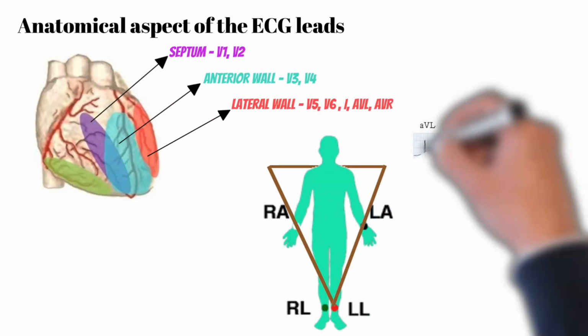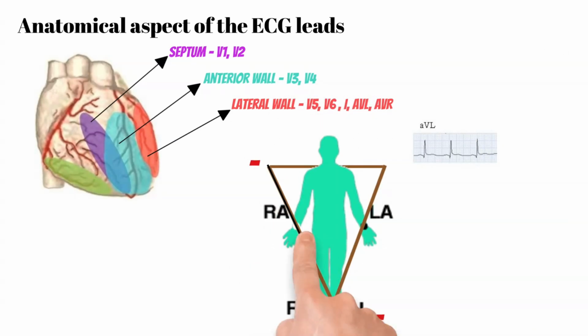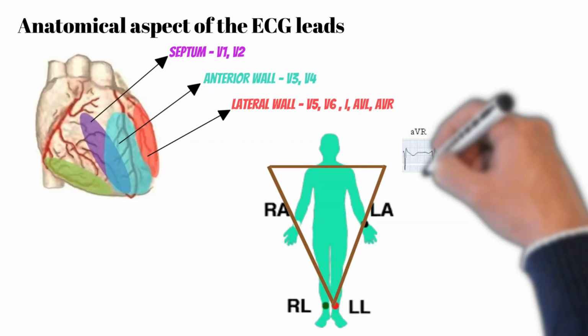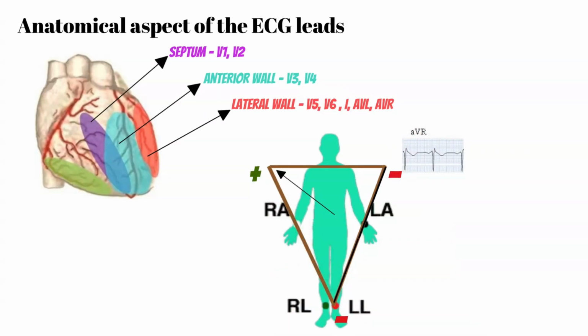AVL is calculated by analyzing activity between right arm plus left leg towards left arm. And then AVR is calculated by analyzing activity between left arm plus left leg towards right arm.